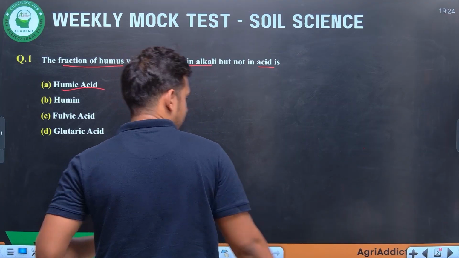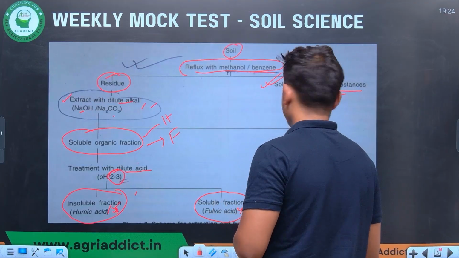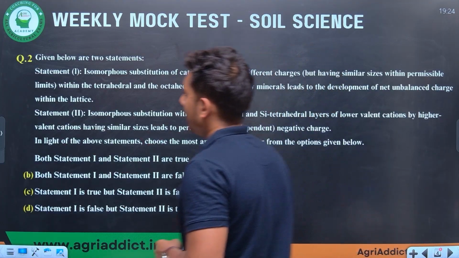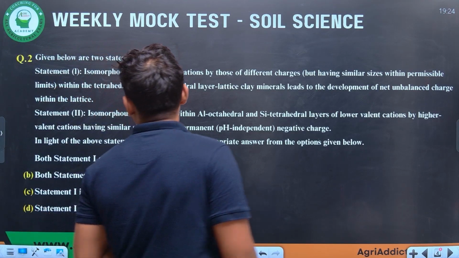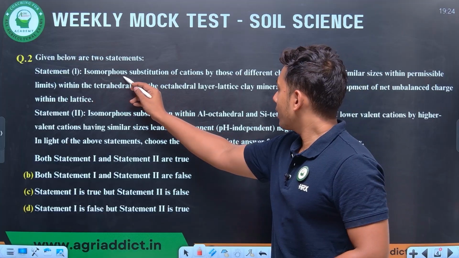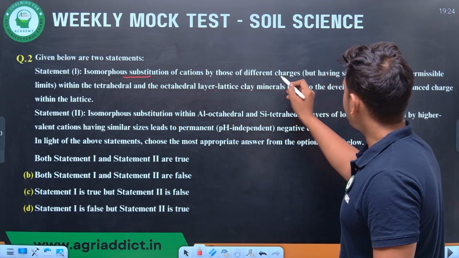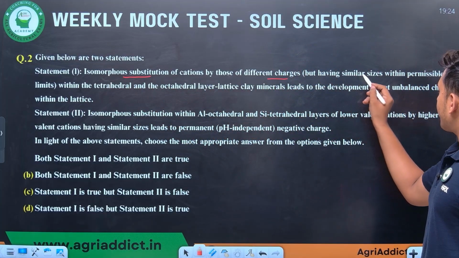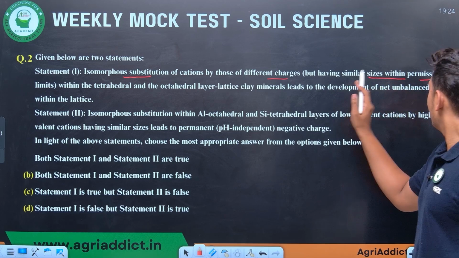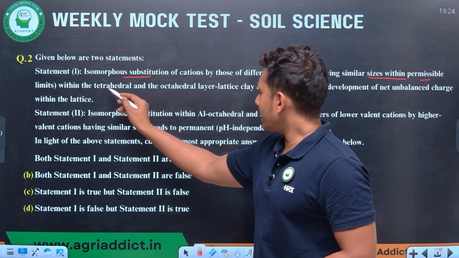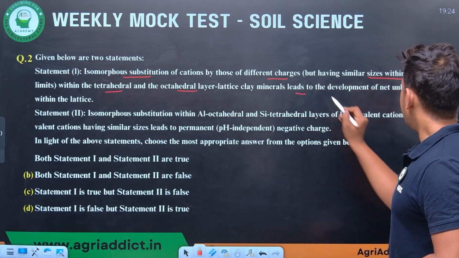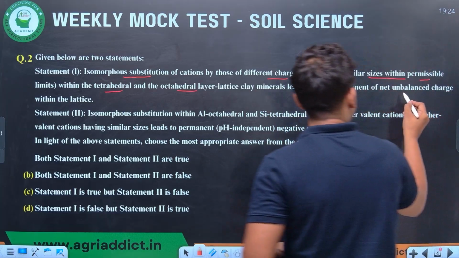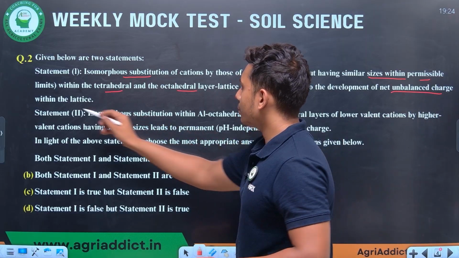Okay, now comes the next question. Here are two statements. The first: isomorphous substitution of cations by those of different charges but similar sizes, within permissible limits, in the tetrahedral and octahedral layer lattice clay minerals leads to development of a net unbalanced charge within the lattice.